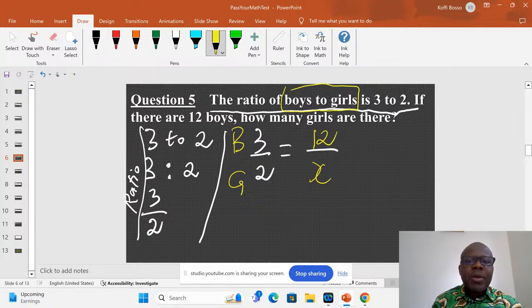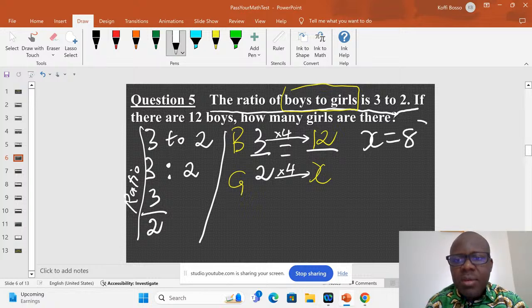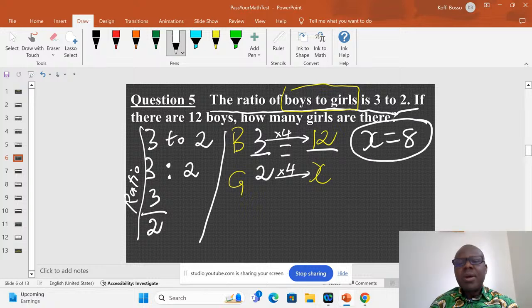Different methods you can use here. Check from 3 to 12. You'll see that if you multiply 3 by 4, you get 12. So you can do the same thing at the bottom. 2 multiplied by 4 will give you 8. Therefore, x is 8, which is the answer here.